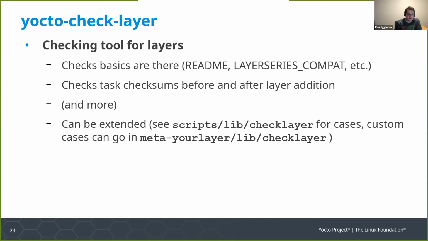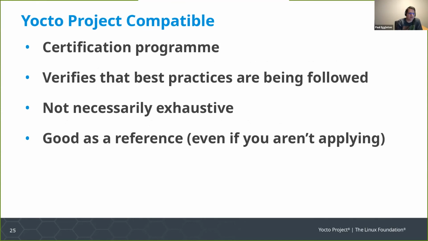So you will see if there are any of these kind of unconditional things in the layer that are going to be potentially surprising. And it can be extended. There's also the Yocto Project Compatible program. It's a certification program, not necessarily covering all best practices, but it's great as a reference, even if you aren't thinking about applying for it. So check that out.